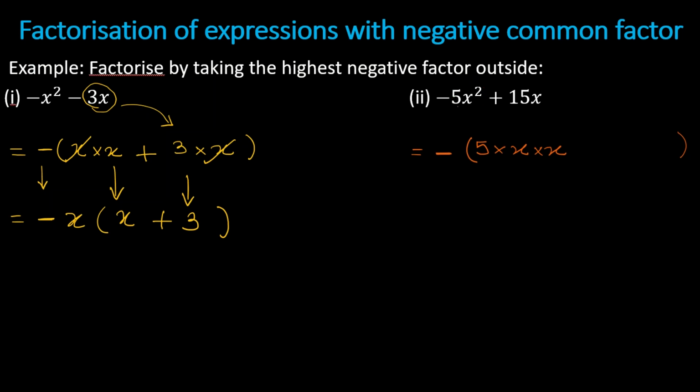Right? Now what about the second sign, plus, here? What do we do with it? Since we have taken a negative sign outside, what do we do with the sign? We change the sign, plus becomes minus, right?